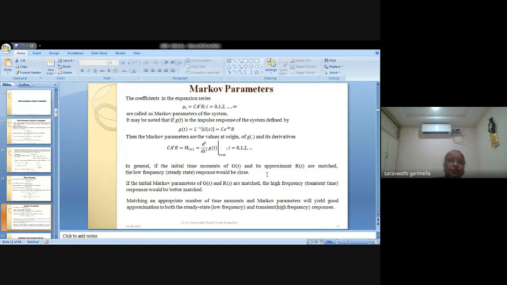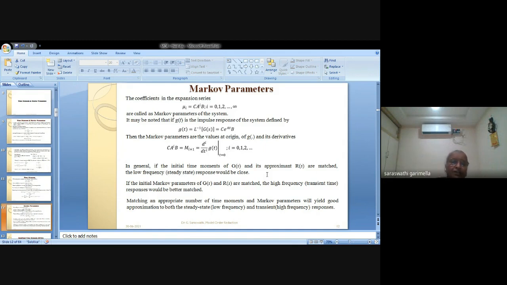Let us say you have n time moments common to both, then you are matching the initial time moments, the low frequency response, for steady state, because that is the low frequency region.